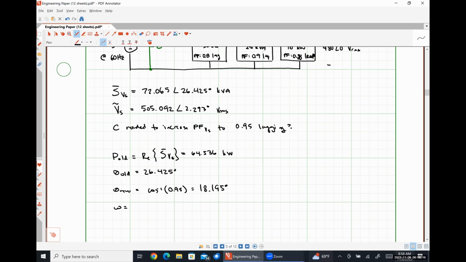Do we have omega? Exactly right. So 2 pi times 60 hertz is 120 pi radians per second.